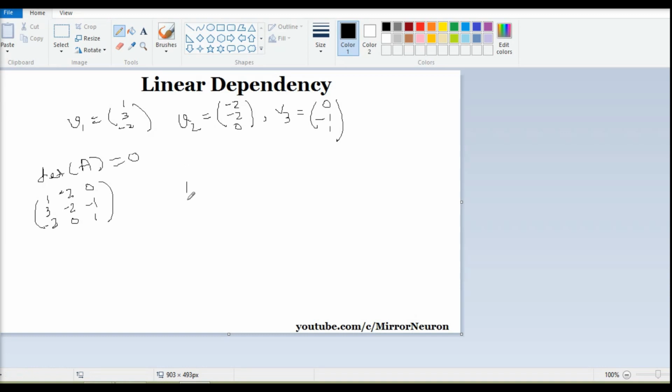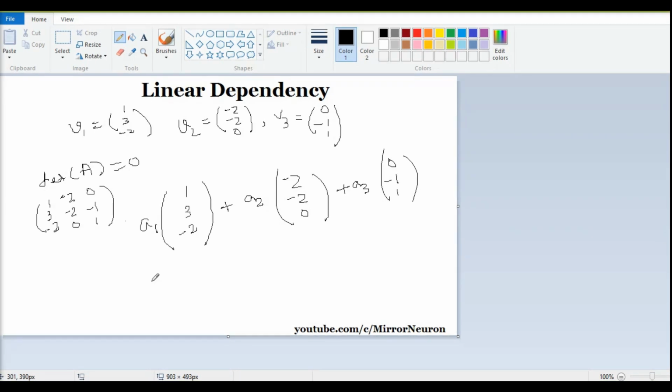So I can see that if I have this element 1, 3, minus 2 times, say, A1, plus A2 times minus 2, 0, plus A3 times 0, minus 1, 1, I'm wondering whether I can get a combination of A1, A2 and A3 such that this expression becomes equal to 0.